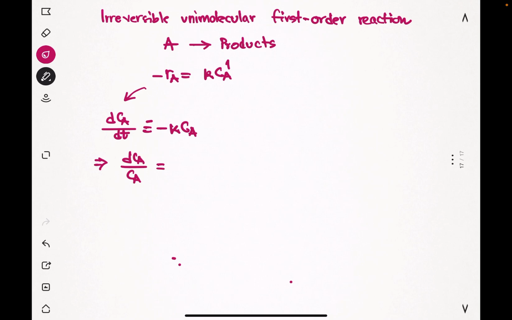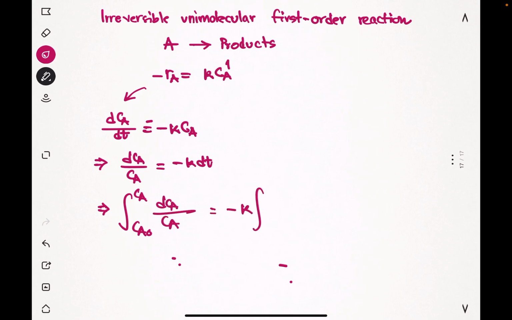Since it's a unimolecular reaction, we can just keep using the concentration of CA. So after the separation of the variables, we do the integration, and from there we get this integral form.